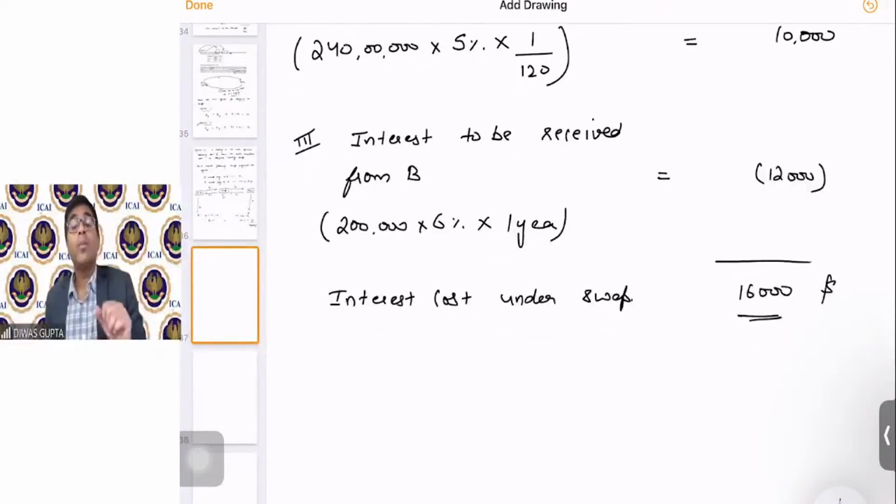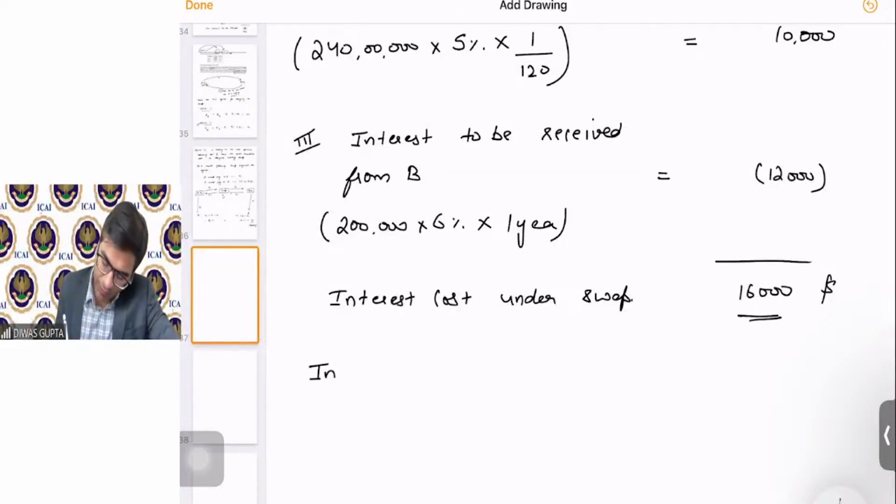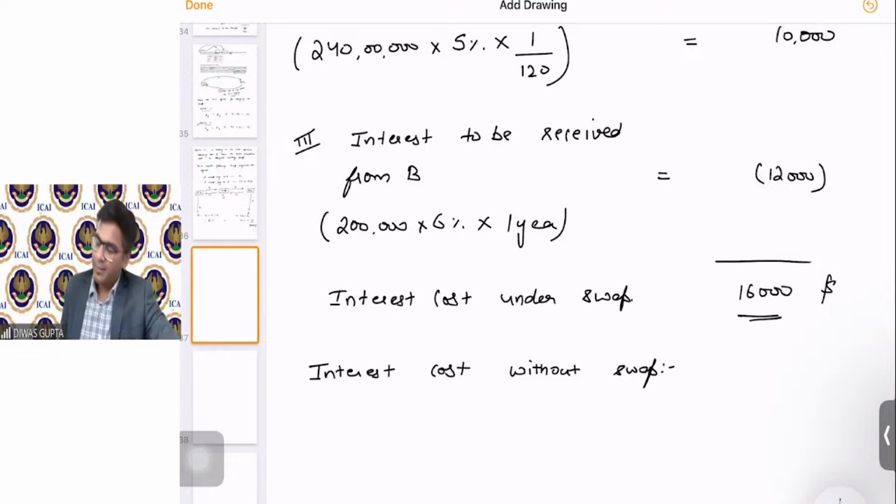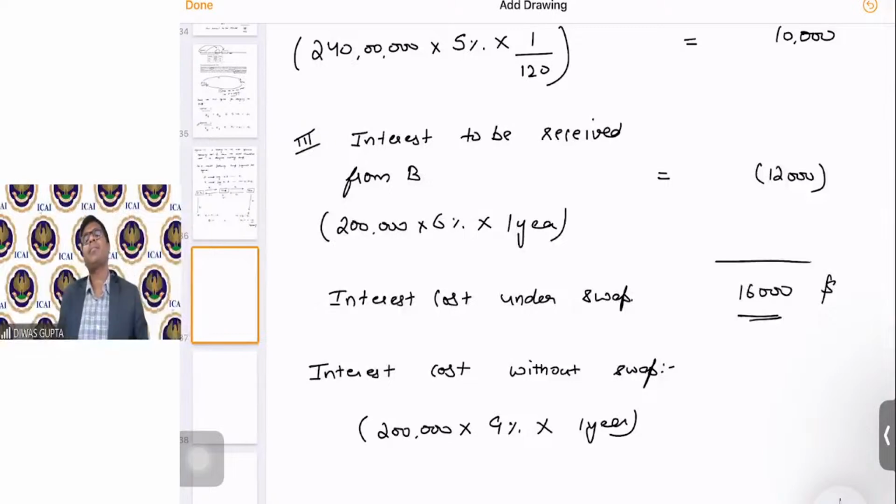And how do you calculate opportunity gain or loss, students? Opportunity gain or loss is under swap, what is the cost minus without swap, what had been the cost. So can we say that interest cost without swap is 2 lakhs into what would have been the percentage? 9% for 1 year. Correct.